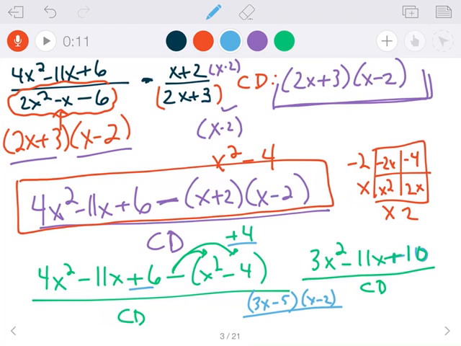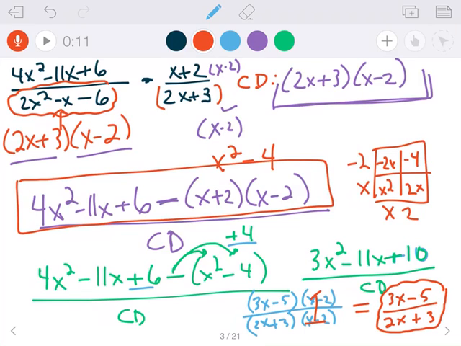Going back to my original common denominator, which was 2x plus 3 times x minus 2, we see that we can make a giant 1 here, which means our final answer would be 3x minus 5 over 2x plus 3.